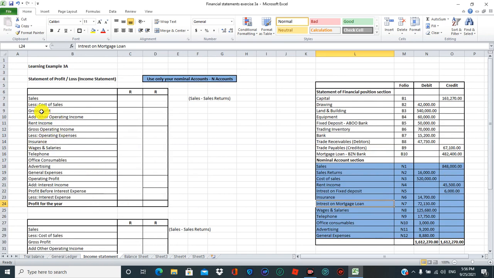I'm just going to highlight the gross profit. These are all your adding amounts. So when you do your statement of profit and loss, you use these N accounts.